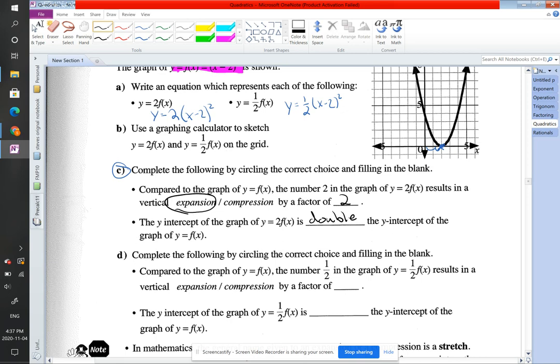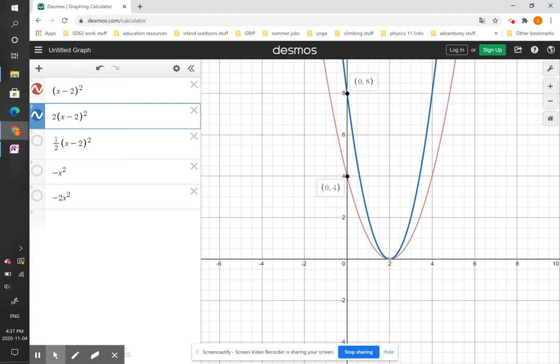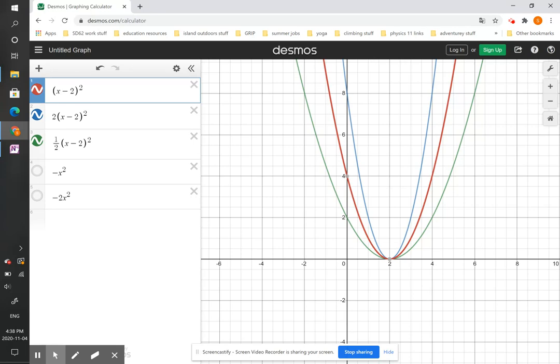So now think about what's going to happen if we do the same graph but with 1/2. Let's bring that up. You can see that it's wider. So the y-intercept of our original graph was 4, and now the y-intercept of this one is 2.